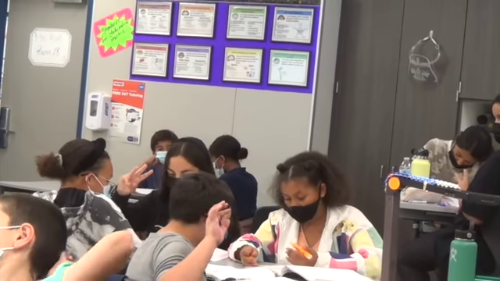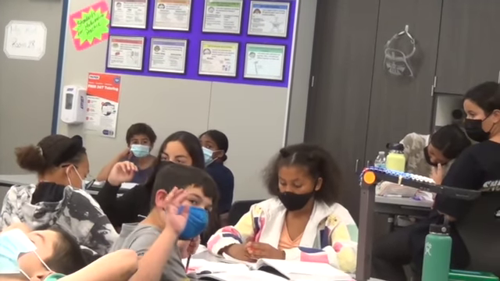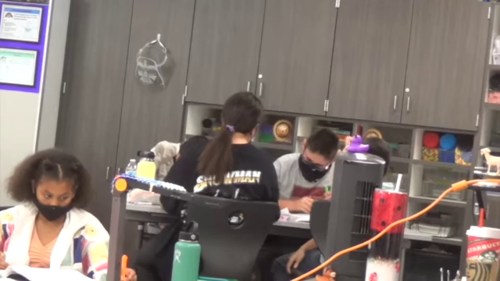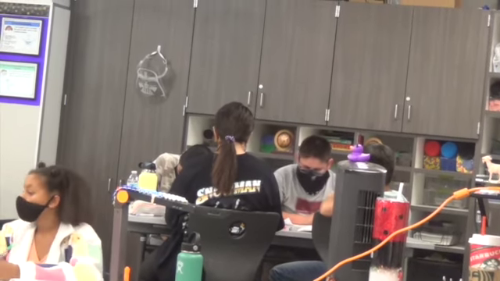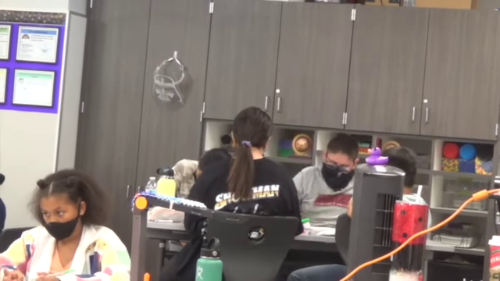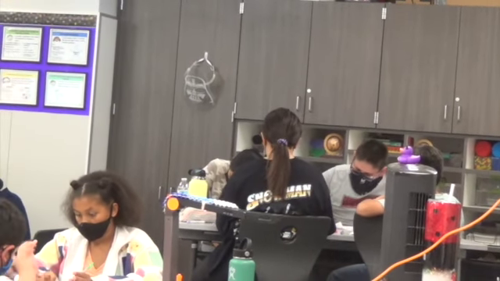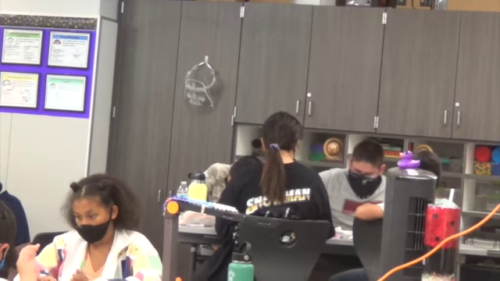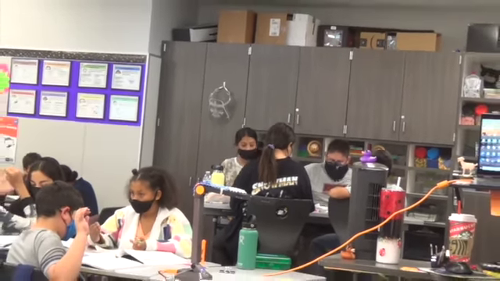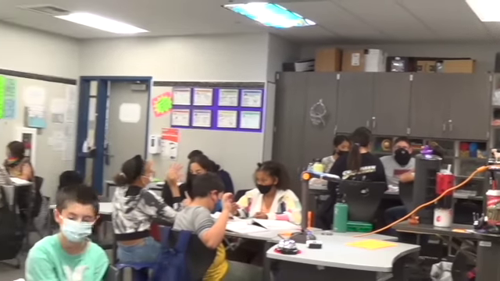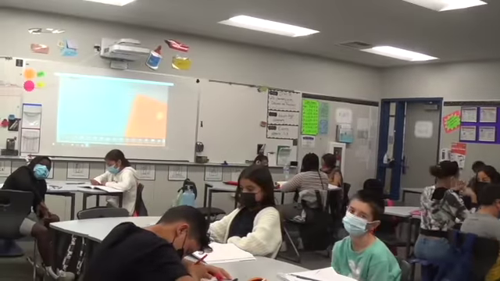We worked together and got the answer. Excellent. Josiah? I got the problem correct because I said the numerator and the denominator were the numbers that are how many there are and what size pieces. I also went to the number line and wrote down from 0 and I went all the way up to 5. And I got an answer of 2 and 2/5. Excellent. Thank you. All right, let's look at number 2.